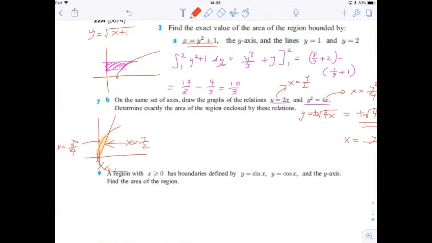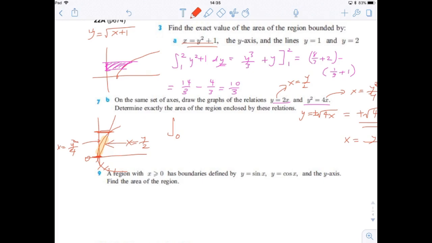Okay? And so I can see if I was going to take the integral of this, the limits of integration would be from here to here, right? Let's see, where do these two intersect? Well, they definitely intersect at 0, y equals 0. This point over here, we're going to have to solve the equation simultaneously to see when they intersect.